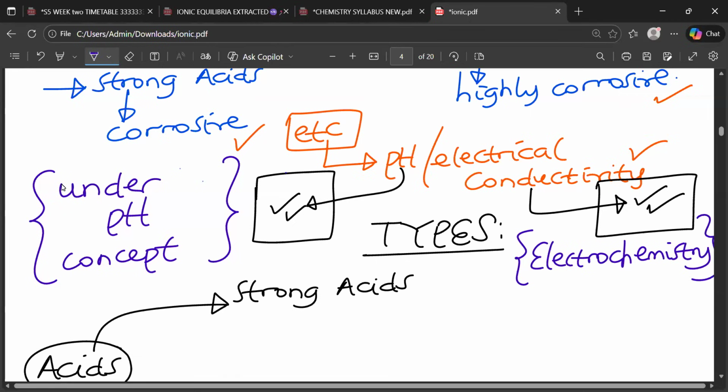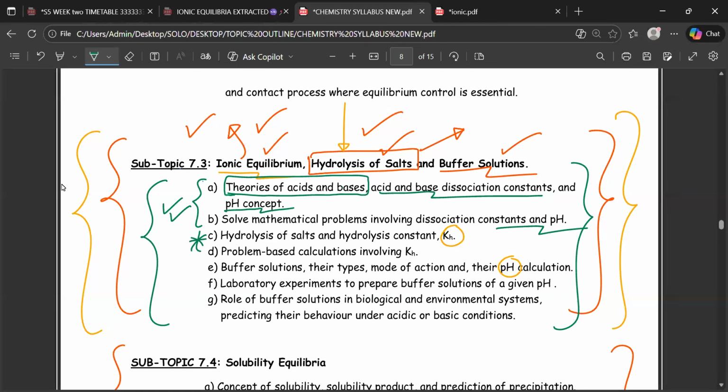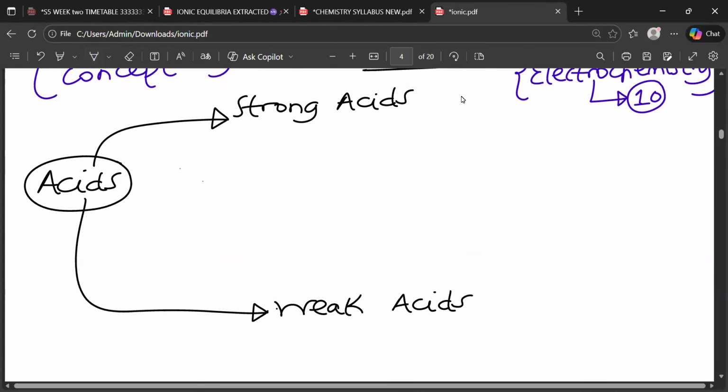When you go to the drive, this electrochemistry is topic 10, but we haven't covered it. Then the pH concept is still under this very topic. You can see the words pH concept here. That's what I said, but you people are just accusing me falsely of things I have not said.